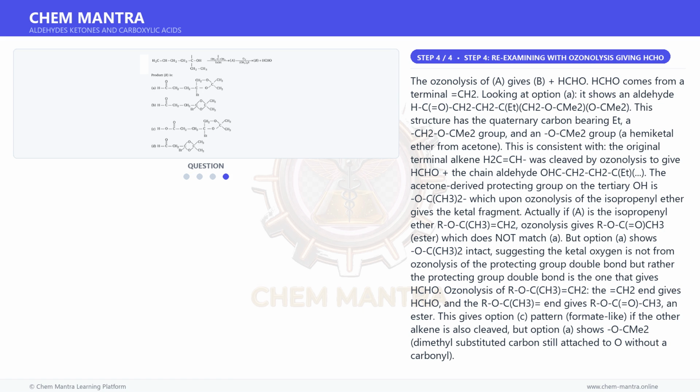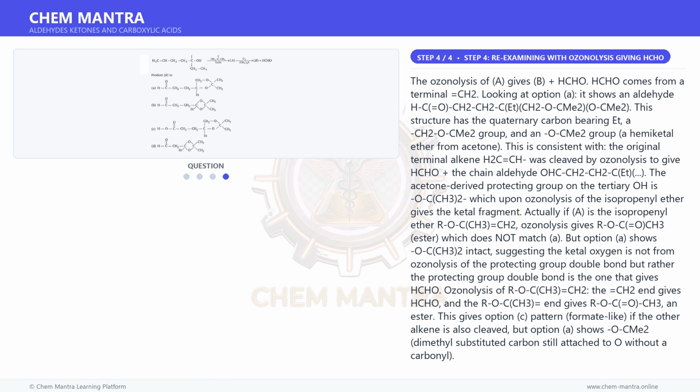This diol reacts with acetone and TsOH to give the cyclic acetal, 1,3-dioxolane, compound A. Ozonolysis of the terminal alkene in A gives HCHO plus the aldehyde B. Option A shows B correctly as the aldehyde with the intact 1,3-dioxolane drawn in open form showing both C-O bonds.